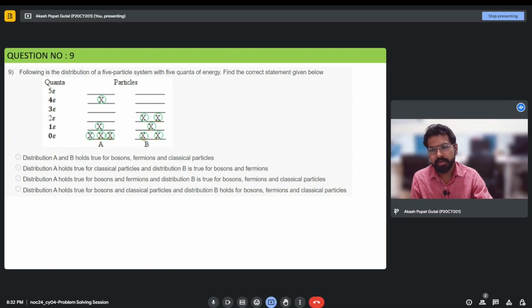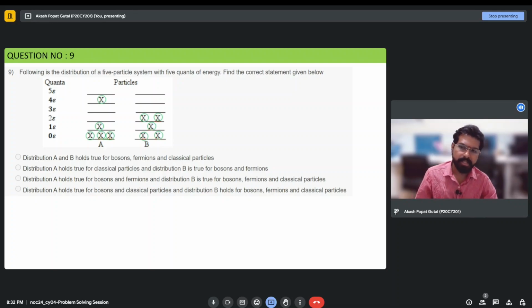To solve this problem, you should know what bosons and fermions are, and what their properties are, as we discussed in the previous example and the previous section. It takes 2-3 minutes to solve.